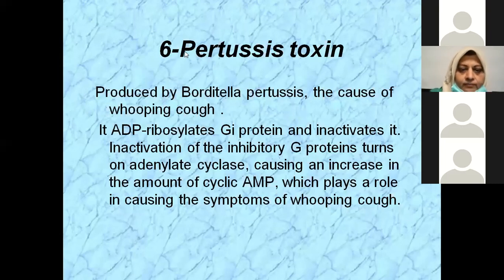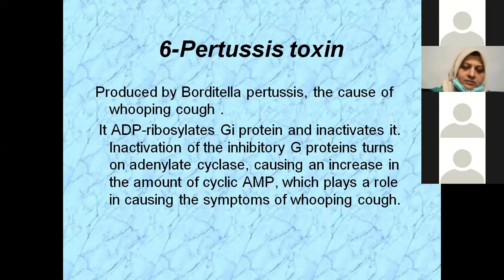Pertussis toxin: Bordetella pertussis is a bacterium that again causes a childhood infection, which is called whooping cough. Whooping cough is characterized by a cough associated with a barking or whooping sound. Why? Because the tissue in the larynx is severely inflamed. So when the child coughs and then tries to take in a breath, a very sharp noise is made.